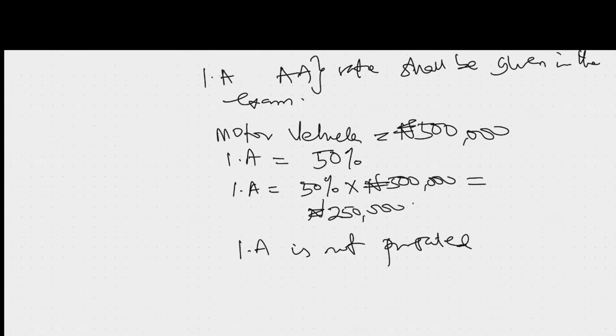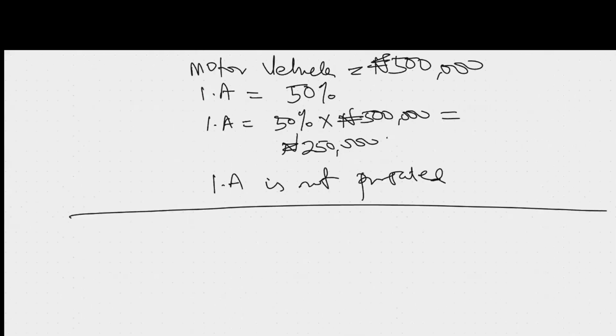So you have to take note of that. We should be done with initial allowance. Any question on initial allowance? Okay, if there is no question, we move on to the next one.